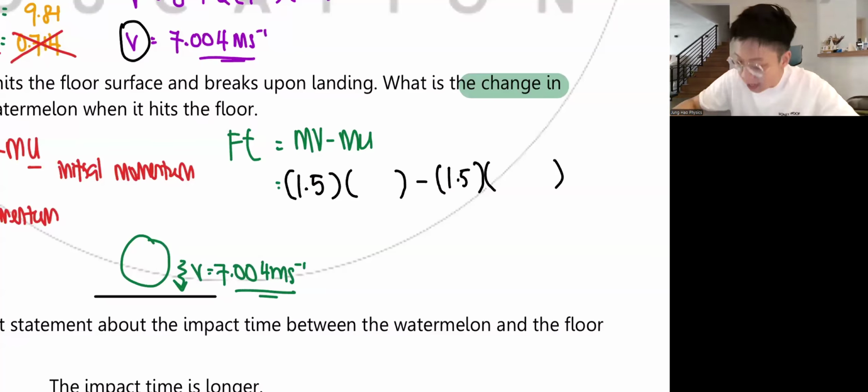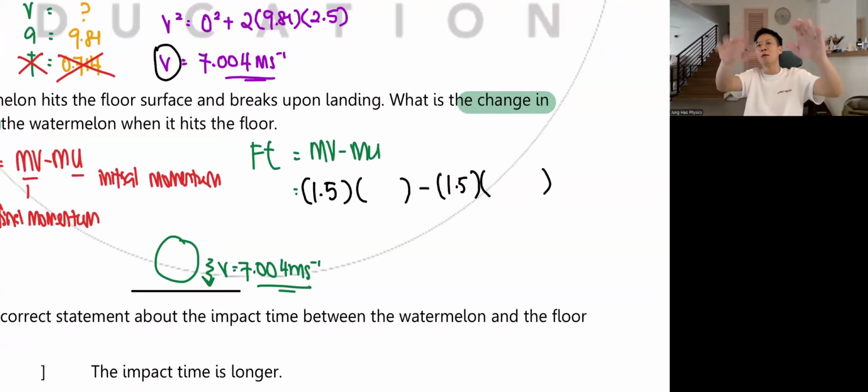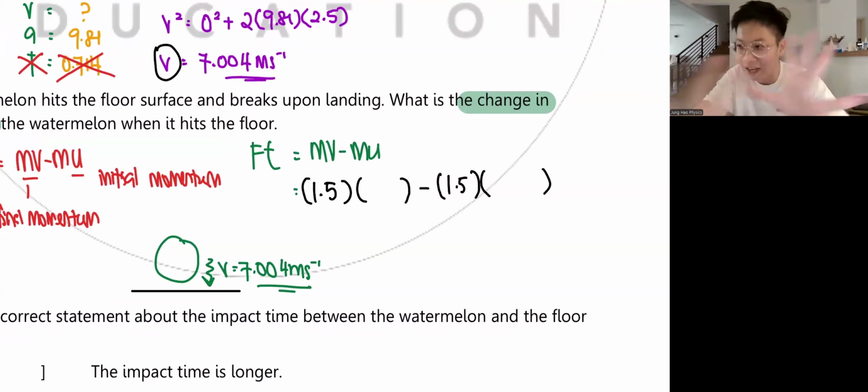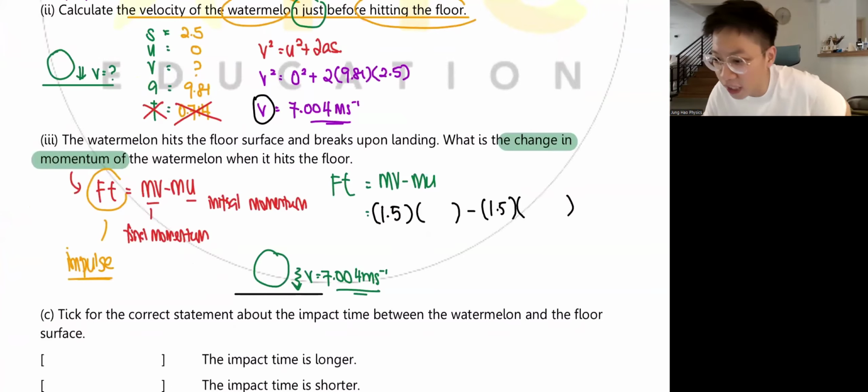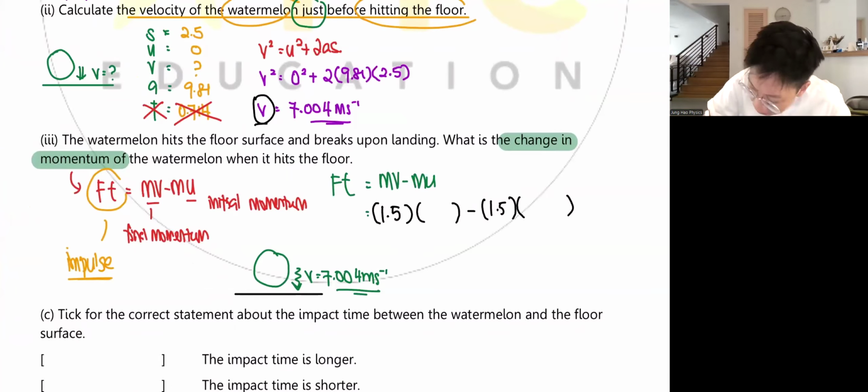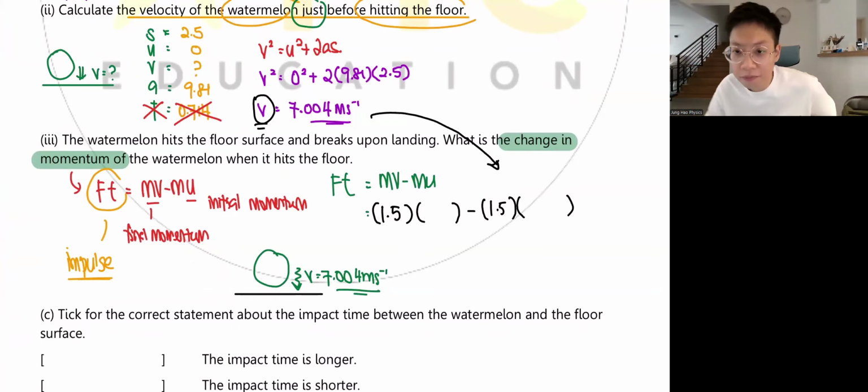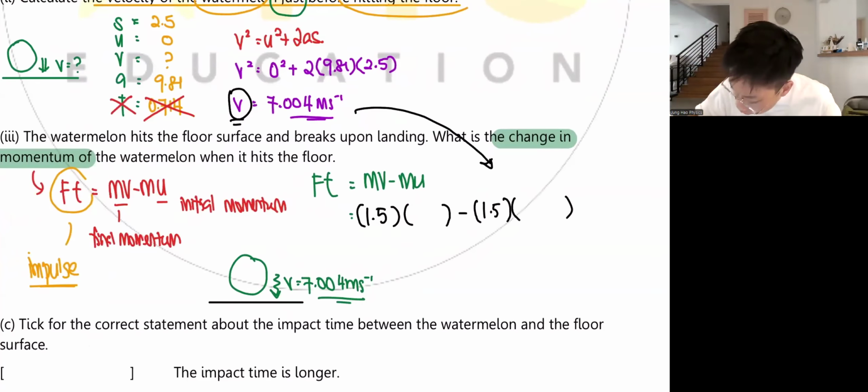Now, can everybody put down your pen, paper, pencil, everything first? Listen first. Now, guys, check this out. When this watermelon hits the floor at 7.004 meter per second, it was the final velocity, right? But when we do this calculation, we will sub it into the initial velocity.